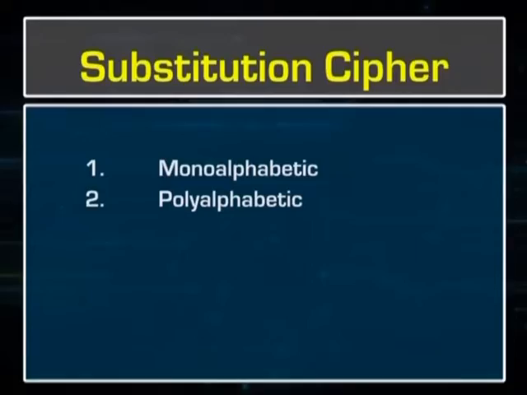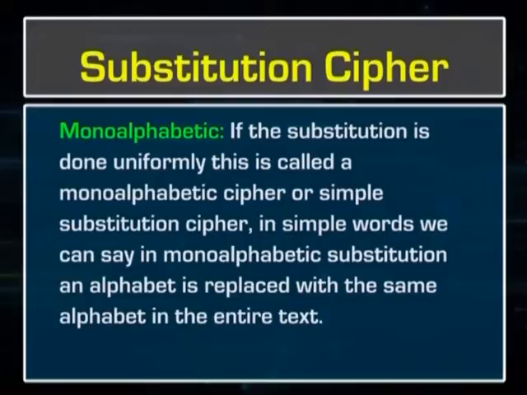Substitution cipher can be of two types. First is monoalphabetic and second is polyalphabetic. As the name suggests, if the substitution is done uniformly, that is called a monoalphabetic cipher or simple substitution cipher. In simple words, in monoalphabetic substitution, an alphabet is replaced with the same alphabet in the entire text.